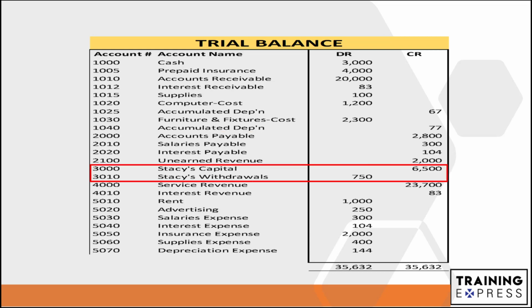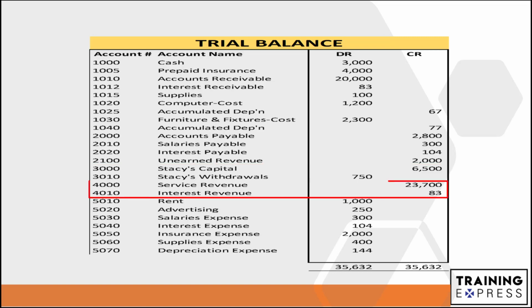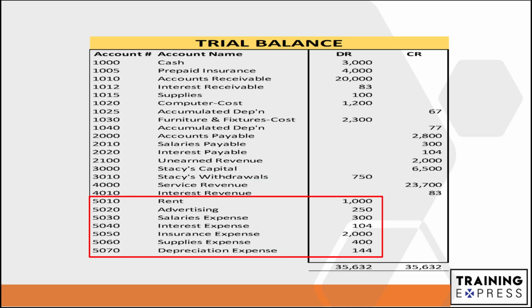Then we have got equity accounts, and they are starting with number 3. Then we have got revenue, and revenue accounts are starting with number 4. And at the end we have got all of our expense accounts, and they are starting with number 5.